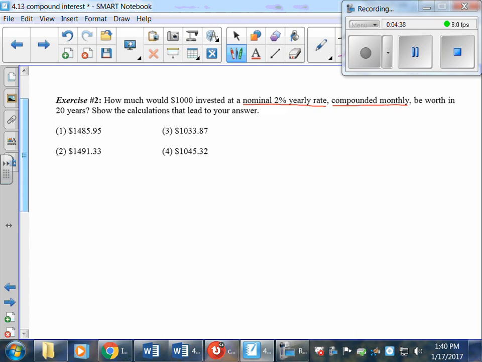All right, so if we consider our $1,000, we're going to multiply that by 1 plus, and I'm going to remind you, we deal in decimals, 0.02. But how many times are we going to be calculating that? Monthly, 12 times for the next 20 years.